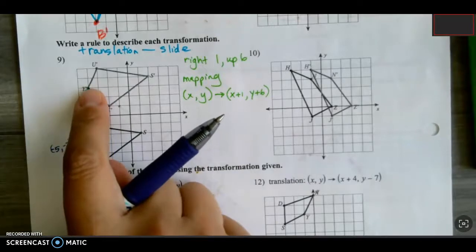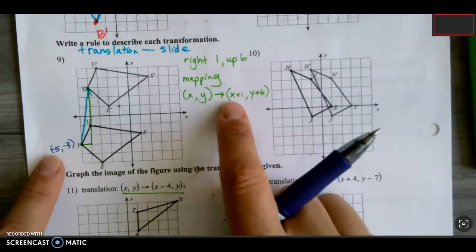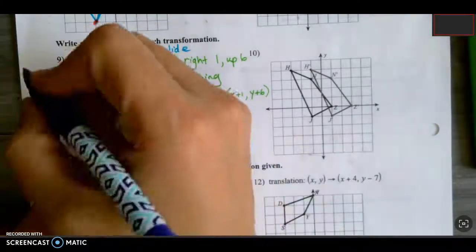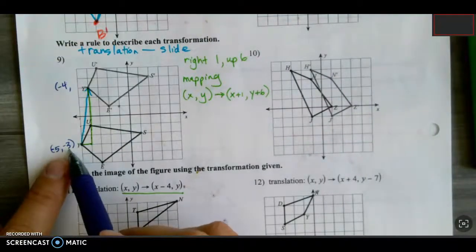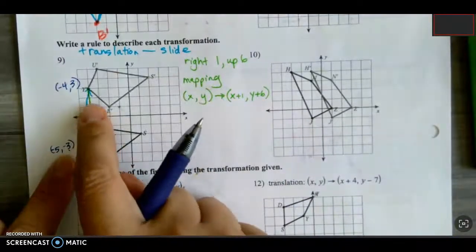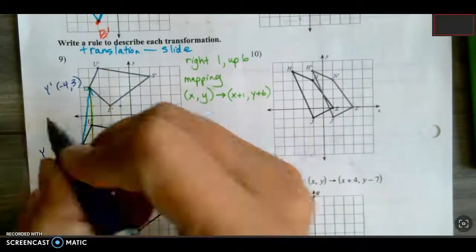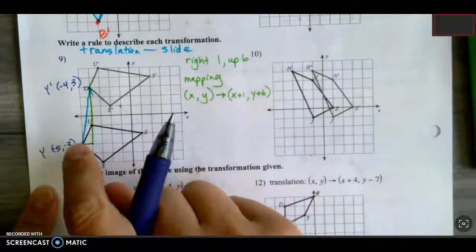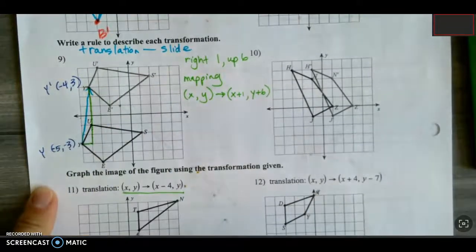Well, to find the new coordinates, I can just plug it into this equation, this mapping. And so I would say my x value, negative 5, plus 1 is negative 4. Negative 3 plus 6 is positive 3. And now my new location, my y prime, using this mapping, is from negative 5, negative 3 to negative 4, positive 3.